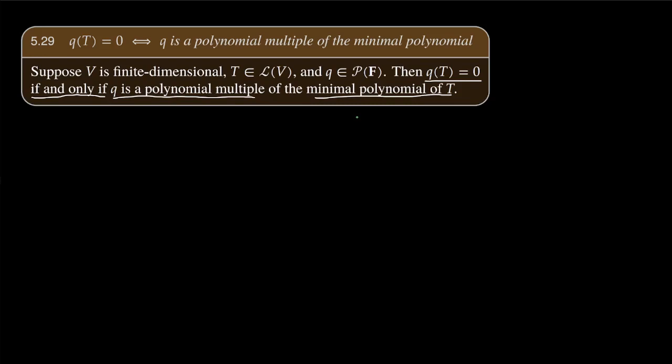After all, the minimal polynomial is the unique monic polynomial of lowest degree such that it zeroes out T. So if something else zeroes out T, it either has to have higher degree or it has to not be monic. In either case, it's a multiple. All right, let's get into it.